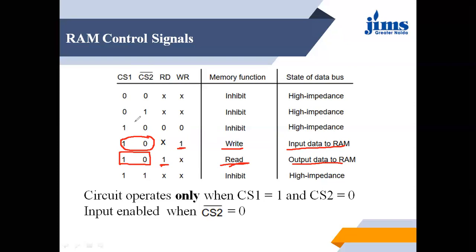And when CS1 and CS2 bar are 1 and 0, and the read and write signals are not active, or these are low, then the circuit will work in high impedance.